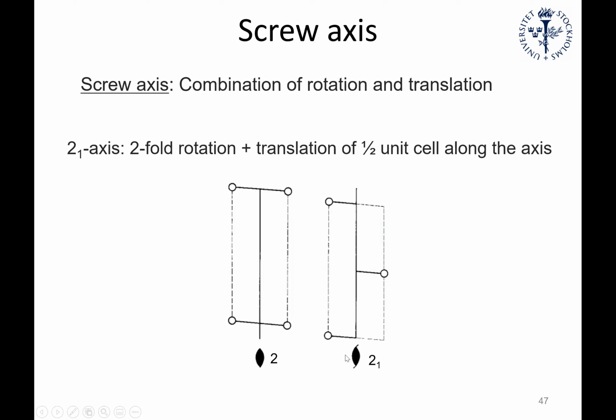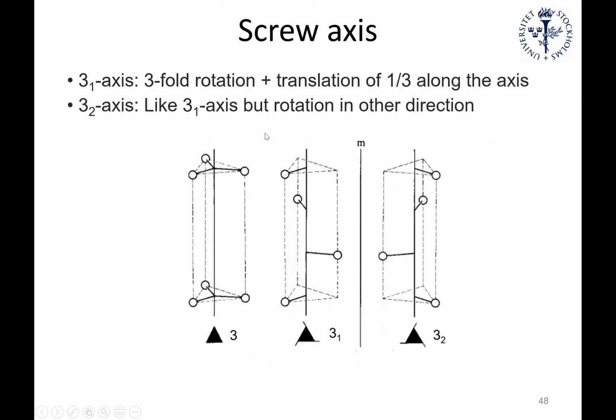So you rotate 180 degrees, a twofold rotation, and then you translate half a unit cell up along the same direction as that rotation axis. So this is going to become your symmetry equivalent position. And if you repeat this again, rotate it 180 degrees and translate it half a unit cell up, then you end up on the equivalent position on the next unit cell.